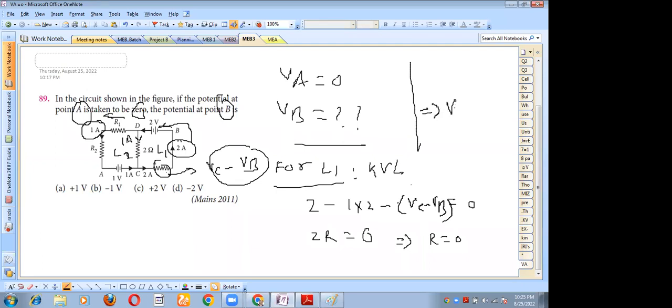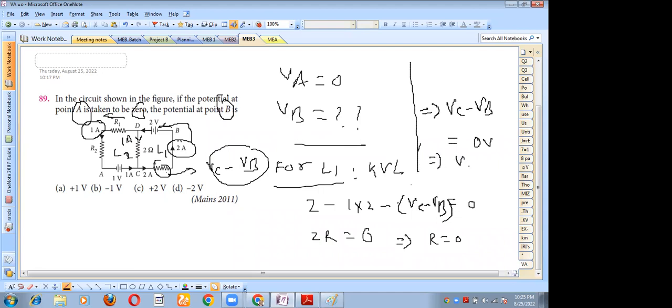If you see from here, Vc minus Vb will be equal to 0 volt. It means you can say that Vc will be equal to Vb.